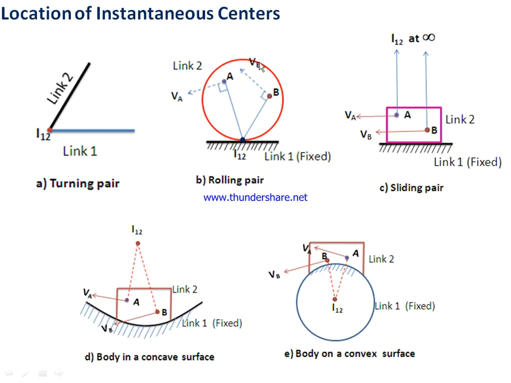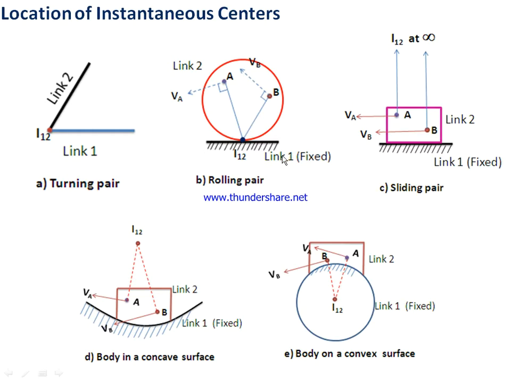Similarly, there is a ball, say, which rolls on this surface without slipping, and let us assume that this is link 1, which is fixed, and this is rolling. Say it rolls in the counterclockwise direction. Now what is the instantaneous center of rotation in this situation?